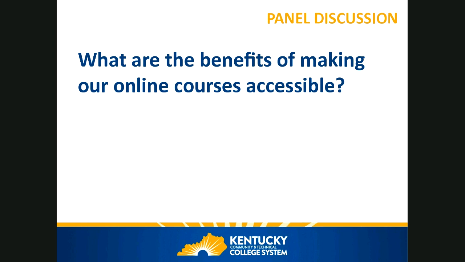I'll jump in here and answer that question from a risk management perspective. Of course, everything that we do is for our students. But we also don't want our students to be in an adversarial position with us. We want them to be able to access their courses appropriately. And if they cannot, they might very well file a complaint with the Office of Civil Rights, which we would then need to answer.